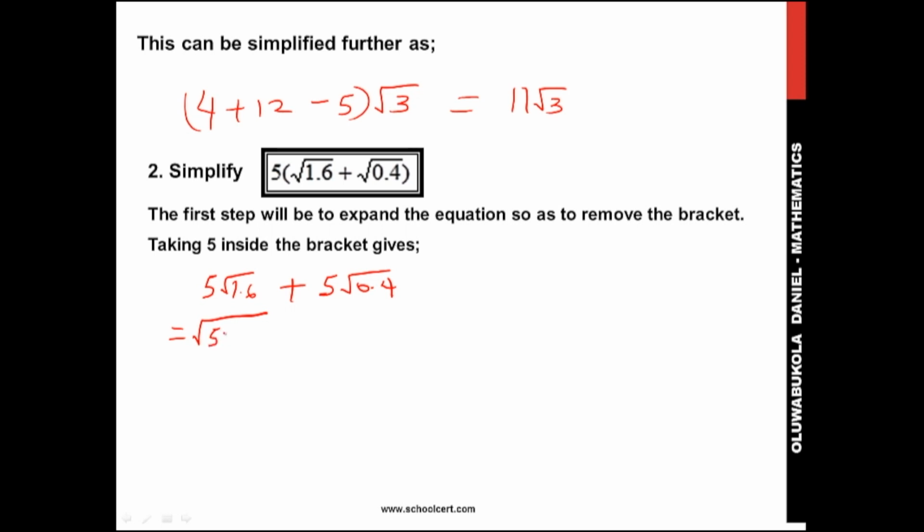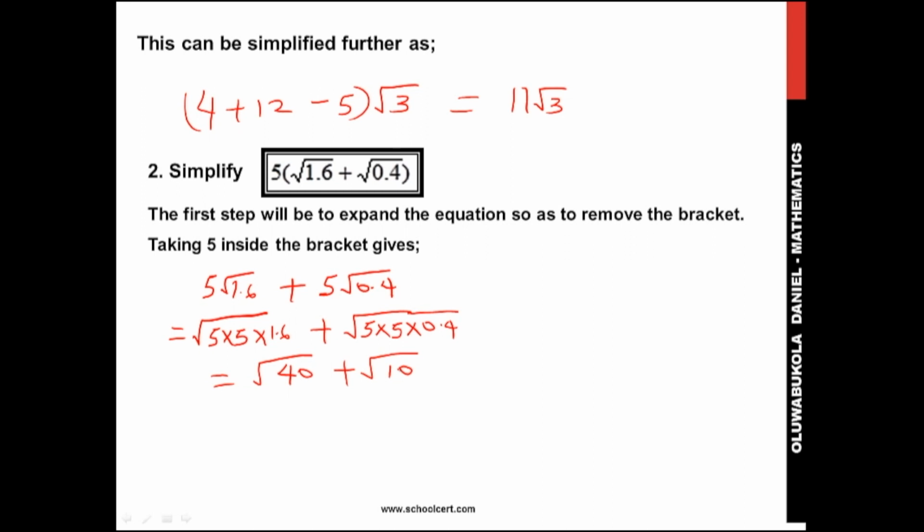Taking 5 inside would make it root of 5 times 5 times 1.6 plus root of 5 times 5 times 0.4. So multiplying this out gives root of 40 plus root of 10.